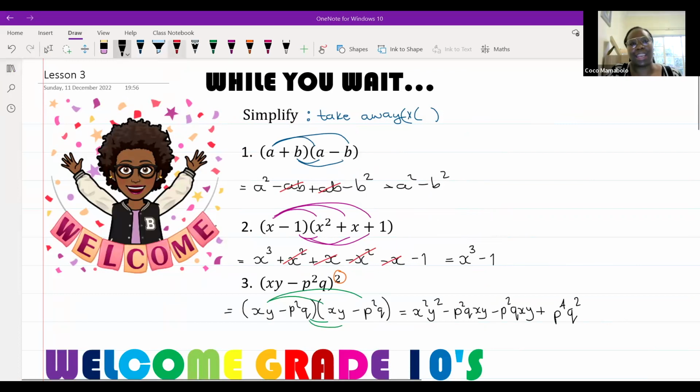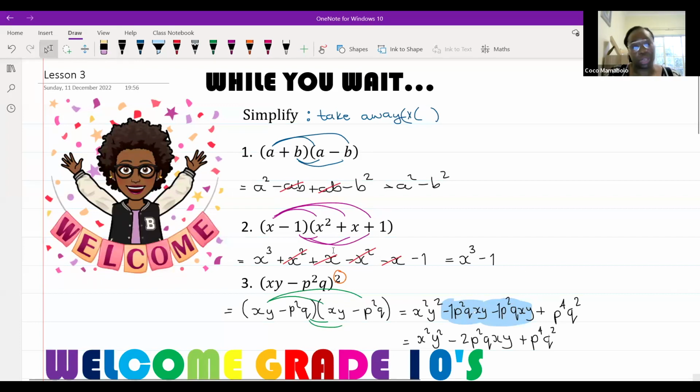Now I have to add like terms, and I know that this one over here and that one over there are exactly like terms. So this is the same as negative 1 p squared q xy minus 1 p squared q xy, and that's going to give us negative 2. So I'm going to write here x squared y squared minus 2 p squared q xy plus p to the power 4 q squared.